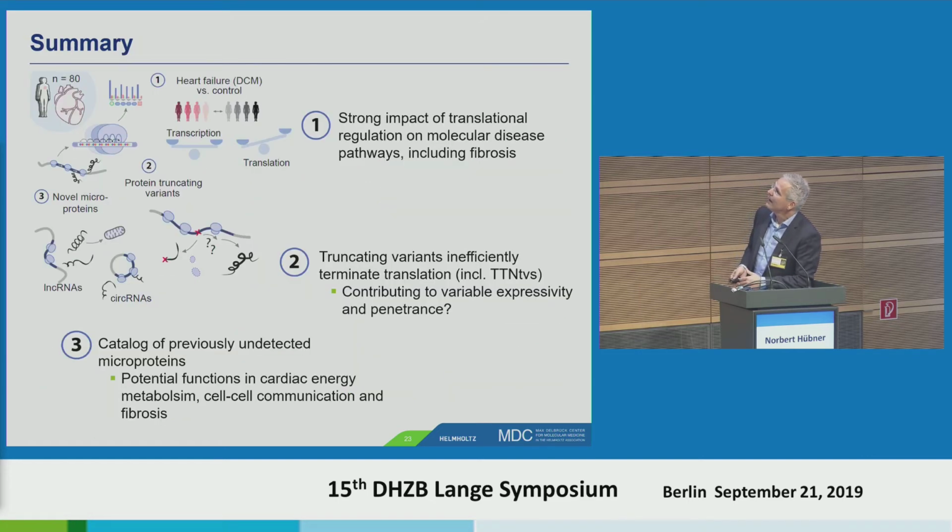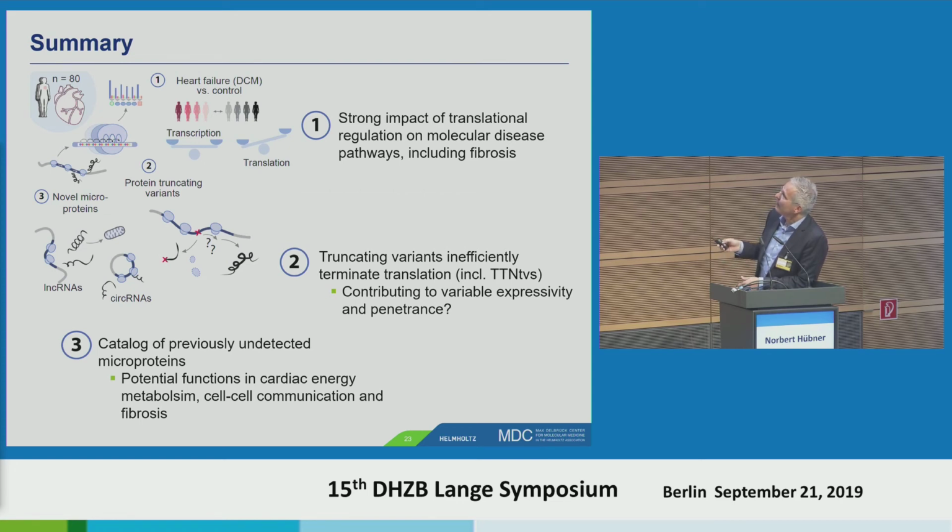So with that, I would like to summarize what I've been telling you. First of all, we can use translational and transcriptional events to better explain what gene is dysregulated between heart failure and health.